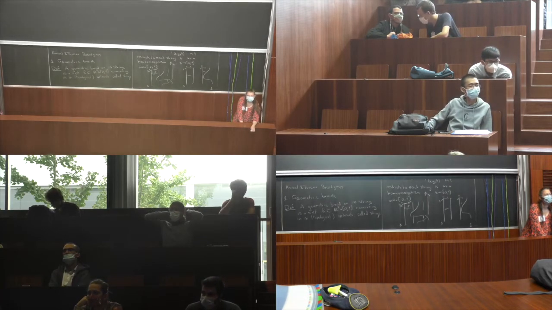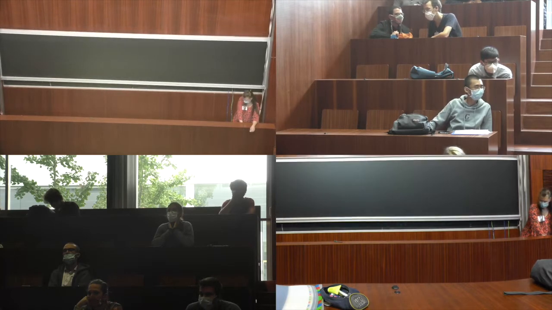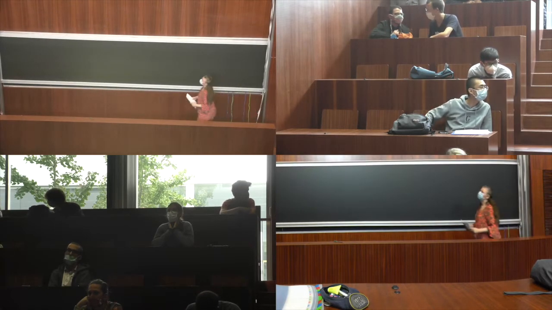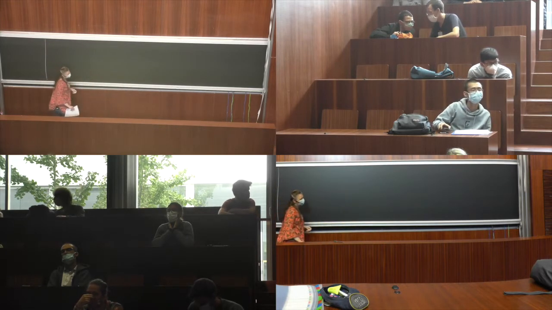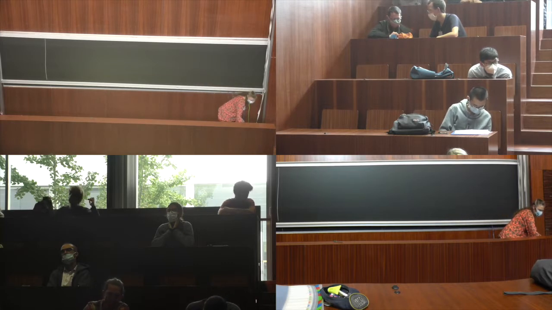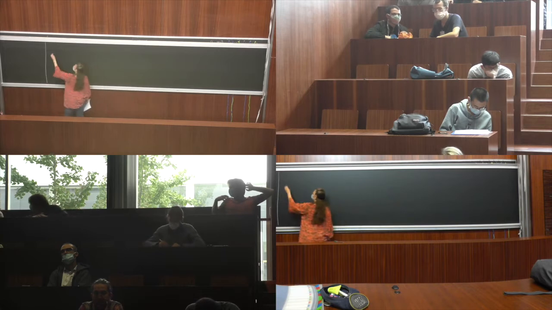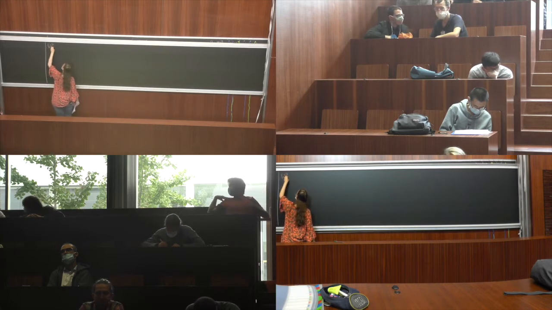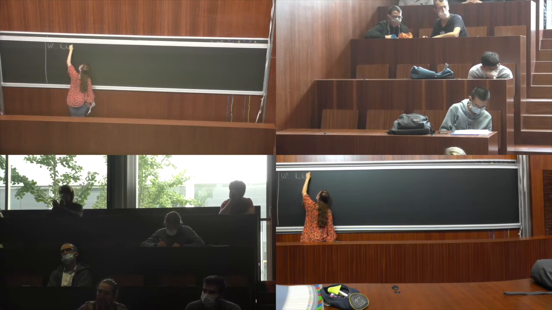Should we vote? So for associativity, I need 3 braids, B1, B2, B3.